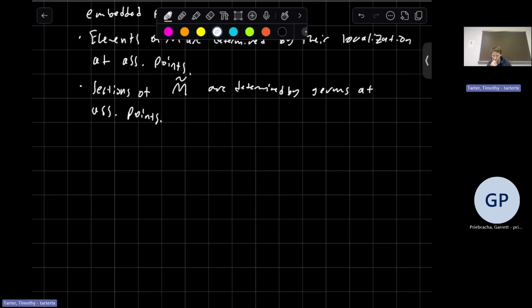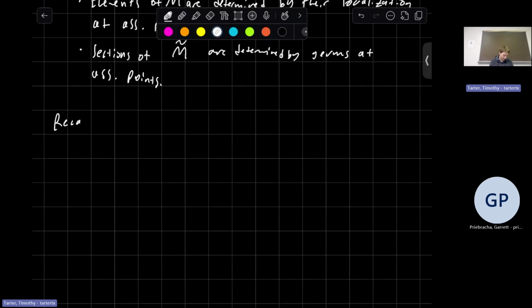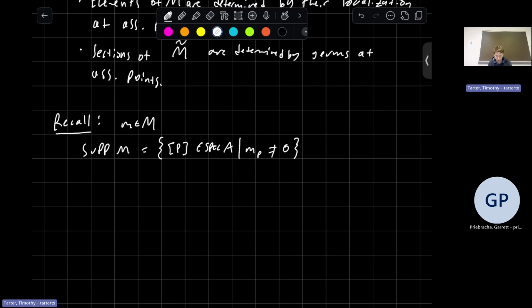All right, so recall some definitions. If m is in M, then sup m is the set of P in spec A such that m localized at P is not zero.